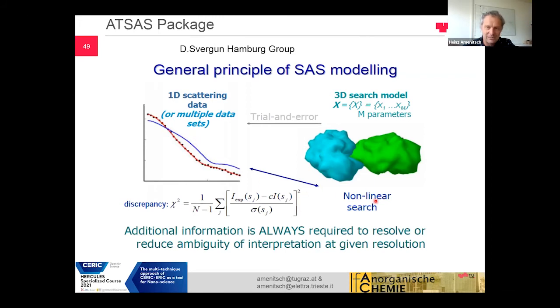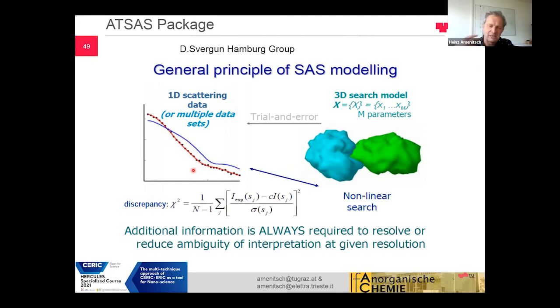So what you need to do is somehow a nonlinear search. You minimize the difference between a model and the experimental data, but you have to add some constraints, because there are almost infinite solutions to this problem, and you're only looking for a certain type of solution.